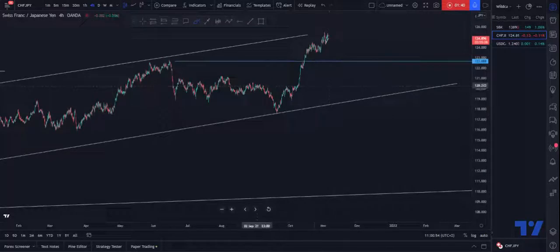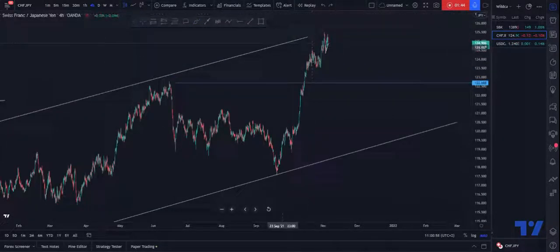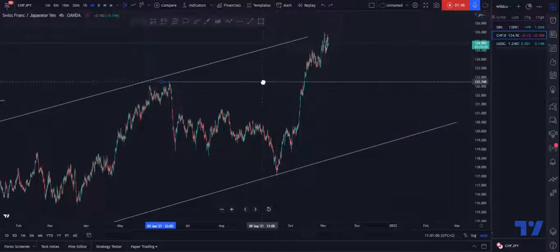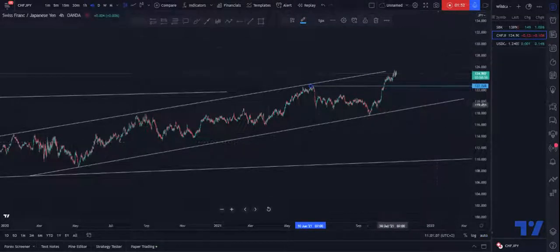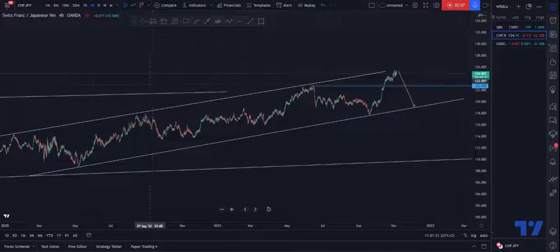On the 4 hour time frame, what we have is nothing much, but we're just going to focus on this move. We want this move, which is very good. We just hope for sellers to actually come into the market and push price to these 119,453 areas.